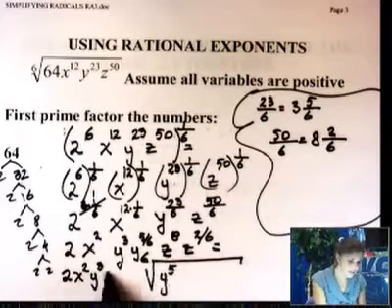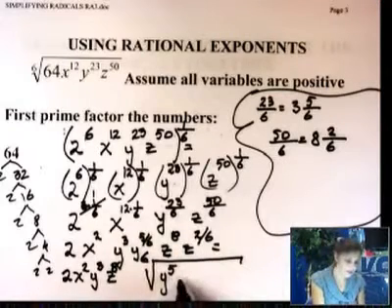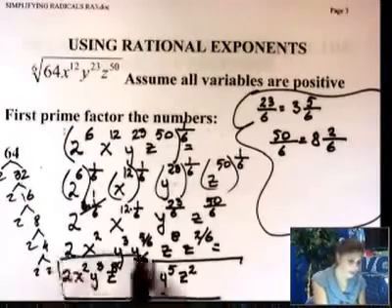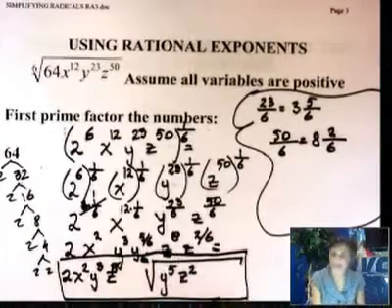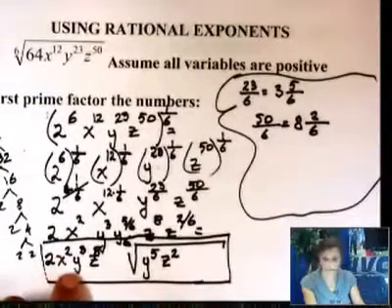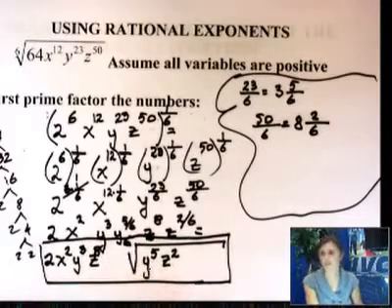Then I have z to the 8. And then what do I have here? z to the 2nd. And here's your final product. And that happens to be the same exact thing that we got: 2x squared y cubed z to the 8, 6th root of y to the 5th, and z squared.